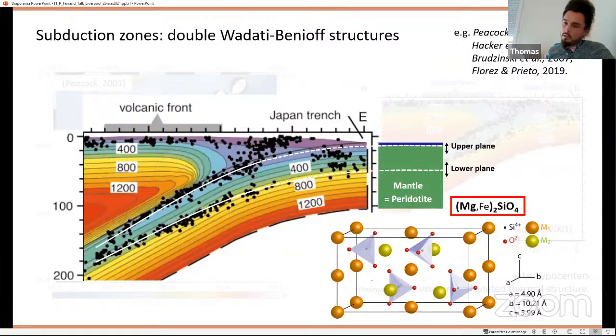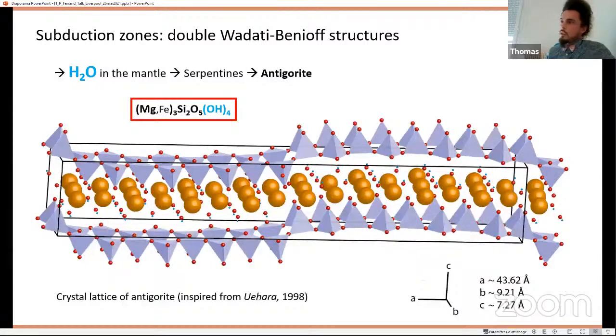So the lower plane is an earthquake population occurring in mantle, which is peridotite, and so mostly olivine, which is oxygen, silicon, magnesium, and a little bit of iron. When you put some water in it, let's say about 12%, you can make serpentine minerals.